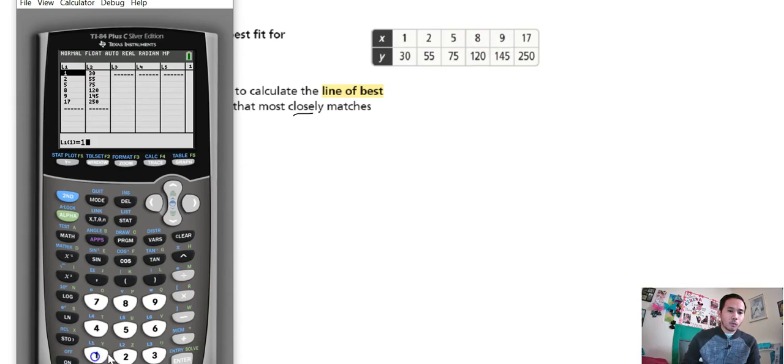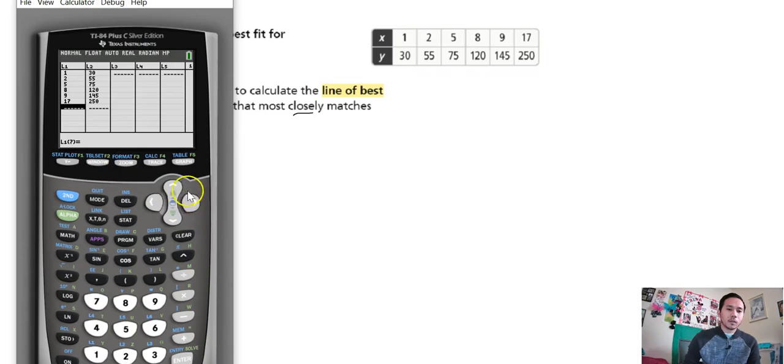So we put 1 and then enter, 2 and enter, 5 and enter, 8, enter, 9, enter, and then 17, and enter.